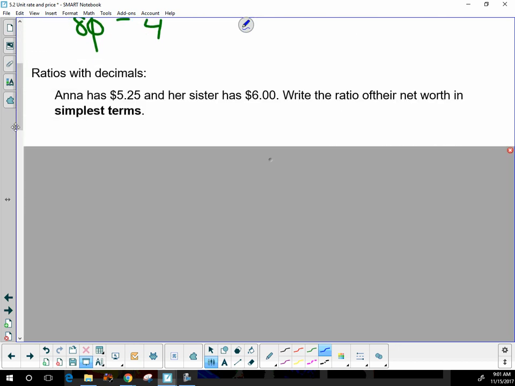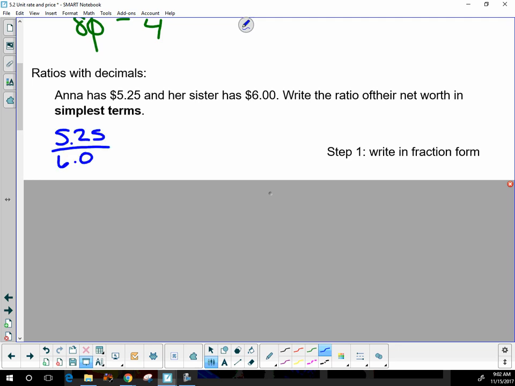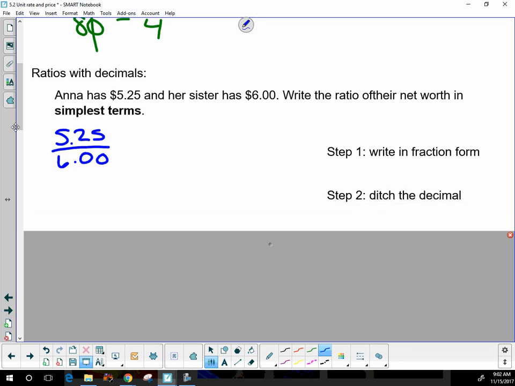We talked about how to deal with ratios with decimals. If Anna has $5.25 and her sister has $6, let's write a ratio of their net worth in simplest terms. So the first step is to write it in fraction form. Now we have to ditch the decimal, and how do we do that?